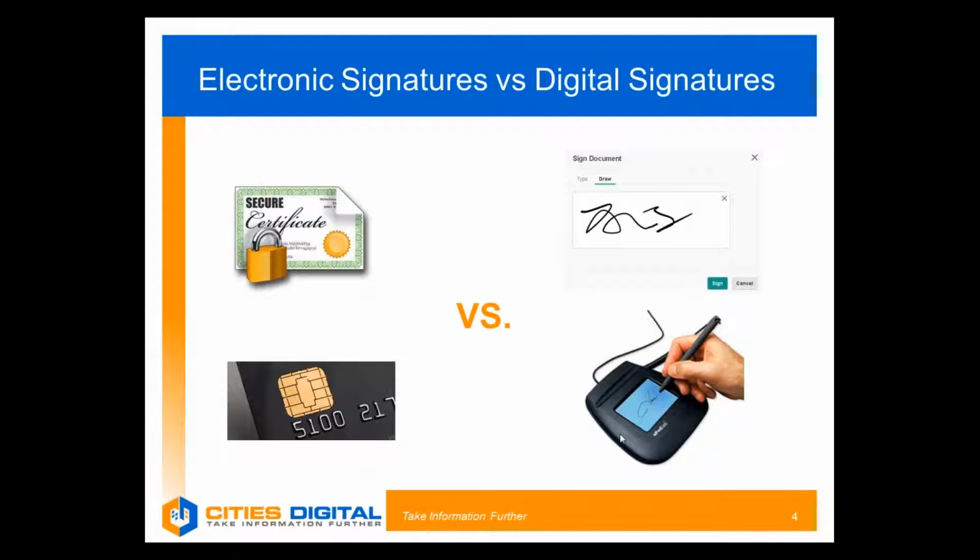So we do this with signature pads, on iPads, directly on the screen. It's basically an electronic version of somebody signing a document and can be used to basically appear on a document.